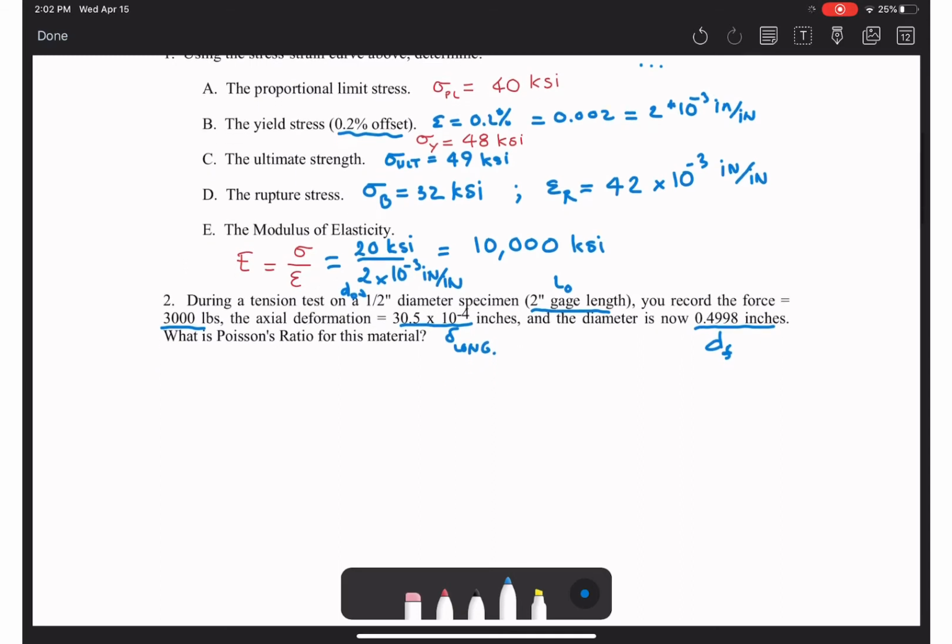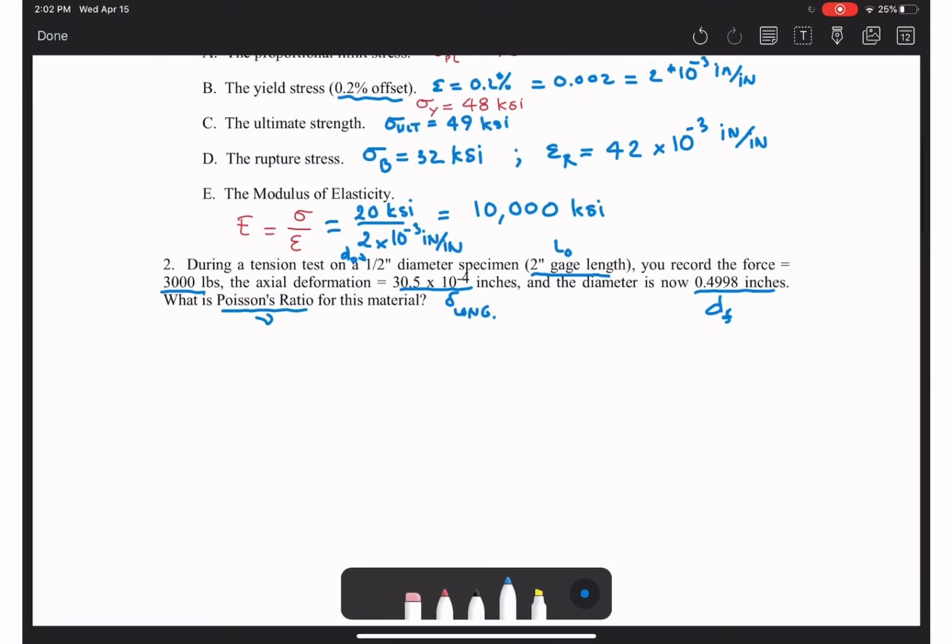What is the Poisson ratio for this material? So the question is, what is nu? And as you can see, before we know what nu is, we need to know the equation for nu and find out each of the components in that equation.